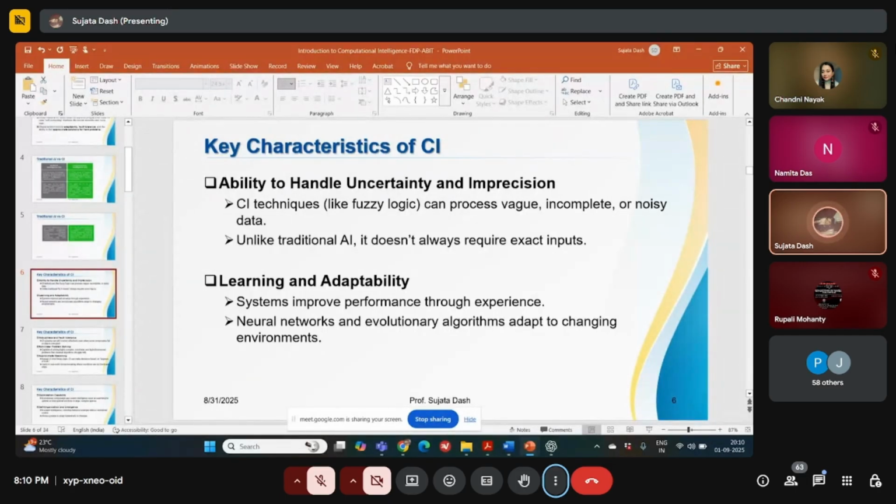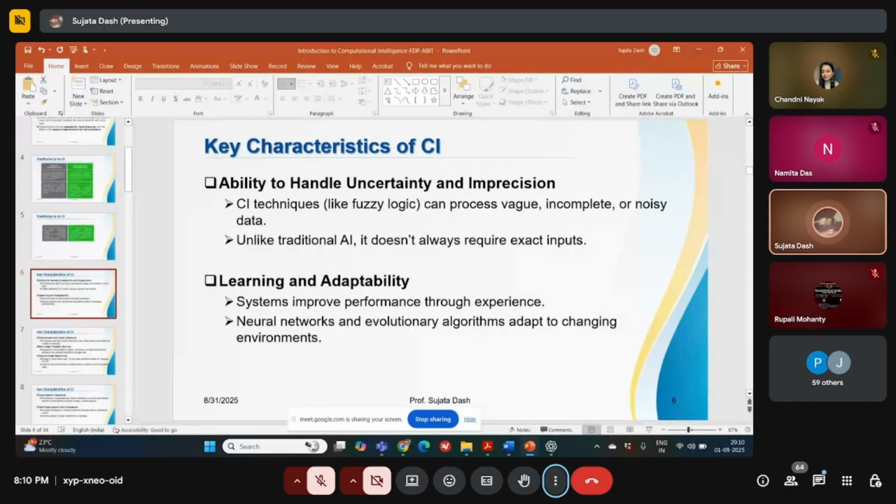It works with the kind of imprecision we human beings deal with every day. And the second one is learning and adaptability. This is one of the most powerful features of CI, its ability to learn from experience and adapt to new situations.